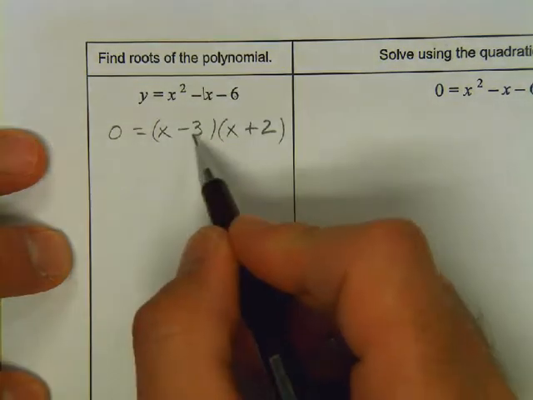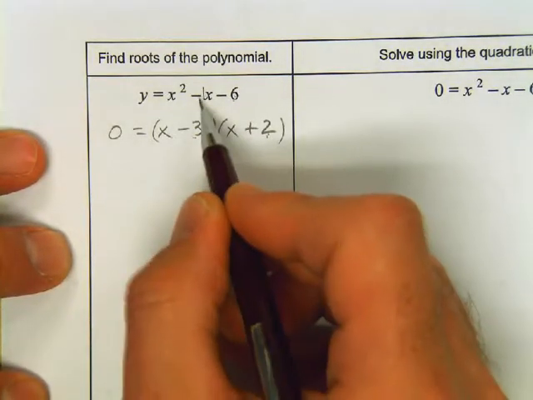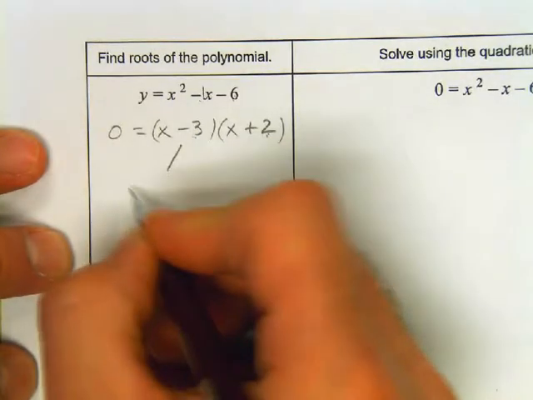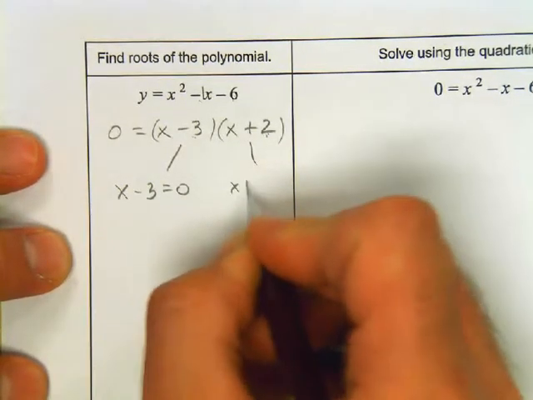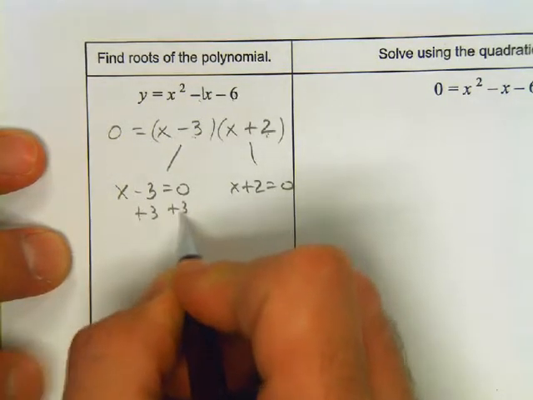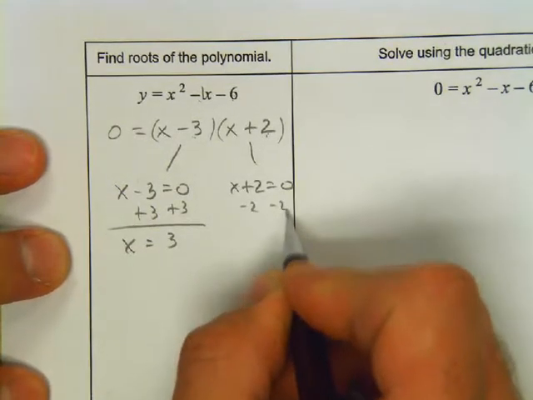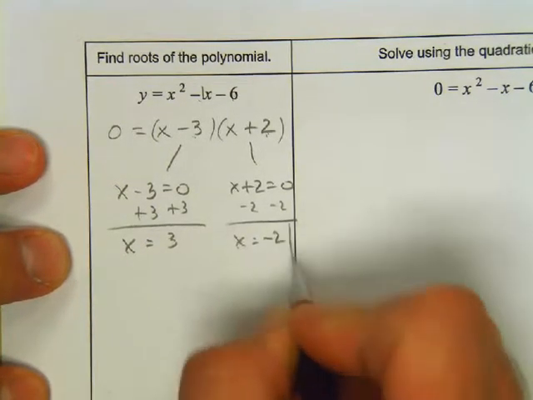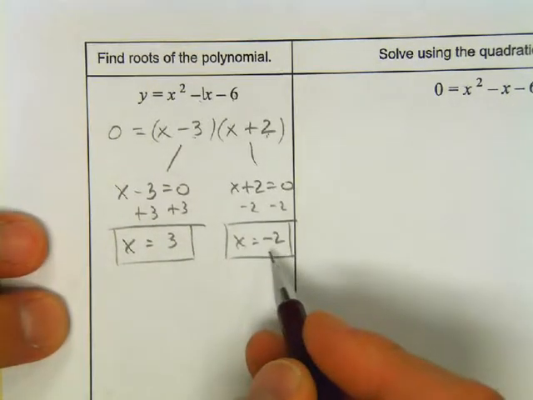Negative 3 times 2 is negative 6. Negative 3 plus 2 is negative 1. So then what we would do is go x minus 3 equals 0, x plus 2 equals 0, and we would solve these. And we would learn that the roots are 3 and negative 2.